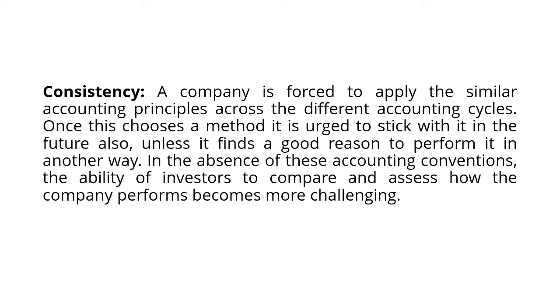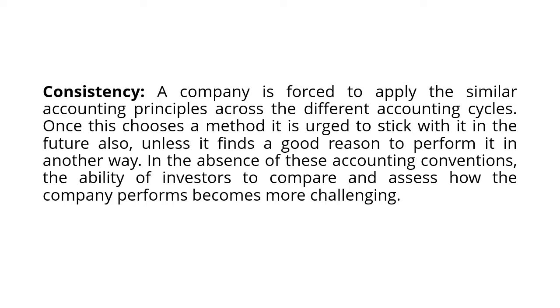Next is consistency. Consistency means stability. Once the methods have been adopted by the organization or the business, they should not be changed immediately, as there is no scope for changing the method, because it is really difficult for organizations to cope with changes every now and then. It says a company is forced to apply the similar accounting principles across the different accounting cycles.